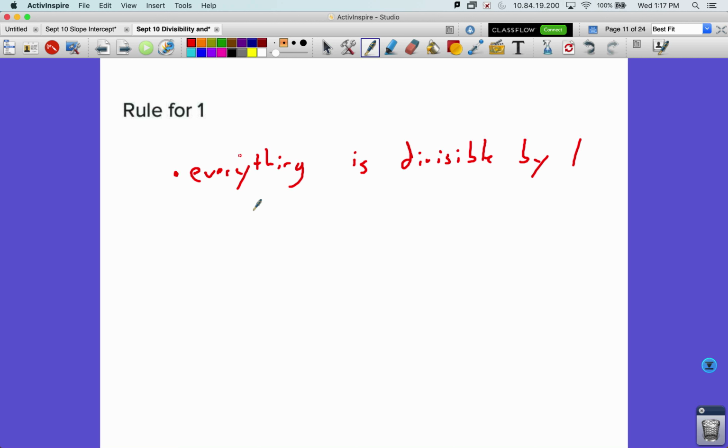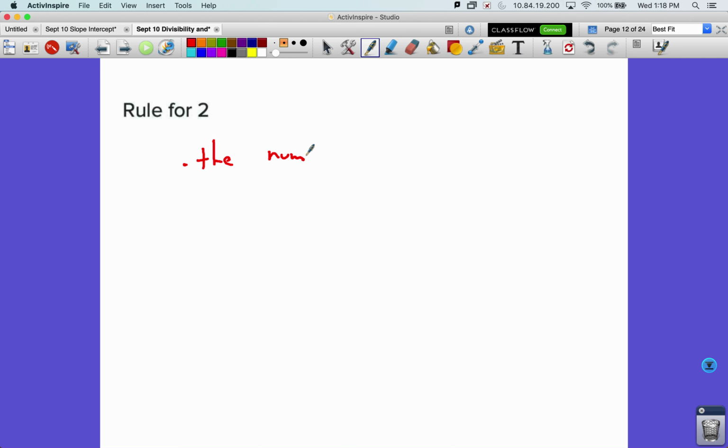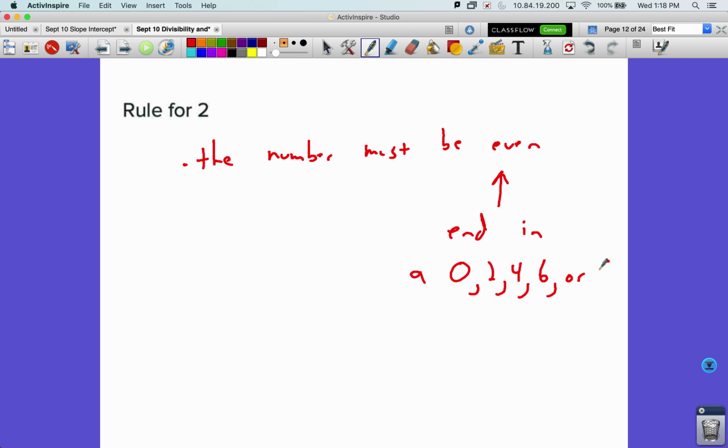And when I say everything, I mean every whole number, but we don't talk about divisibility when we start with a decimal. All right, rule for 2, the number must be even. And that word even means it has to end in a 0, 2, 4, 6, or 8.